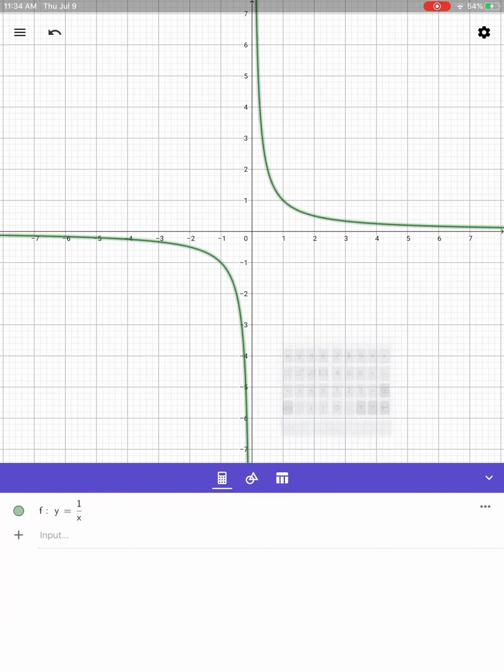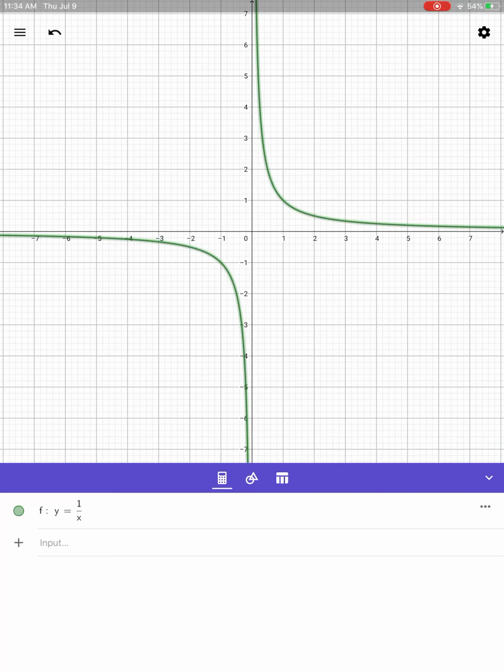You can see the graph now very clearly, and you can see that x equal to 0 is the vertical asymptote here, because as x approaches 0, what is happening to the y value? It is tending to negative or positive infinity, right? So that is the vertical asymptote.